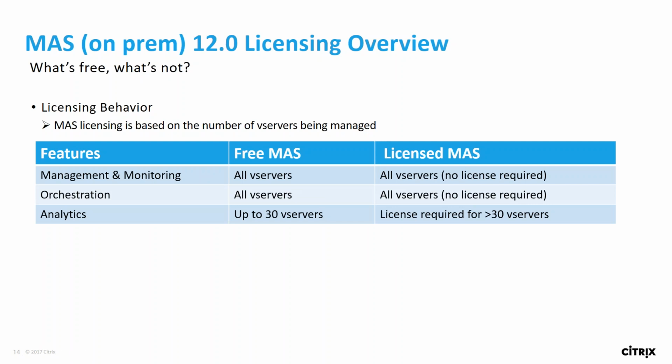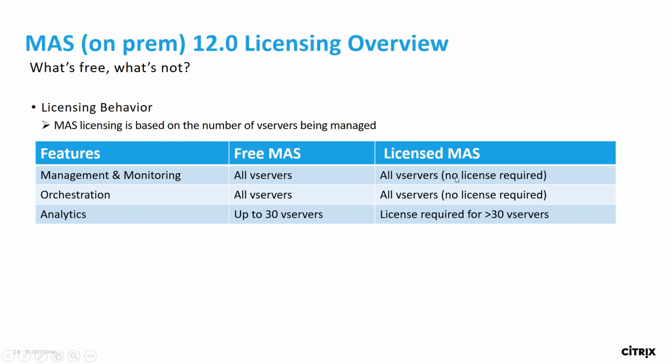And beyond that, features like management, monitoring and orchestration are free. So when I say free MAS, you can simply download MAS on-prem and install it. And the management and monitoring features would be free across all vServers. Even the orchestration features would be free across all vServers.